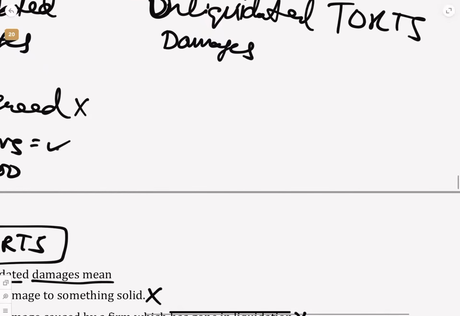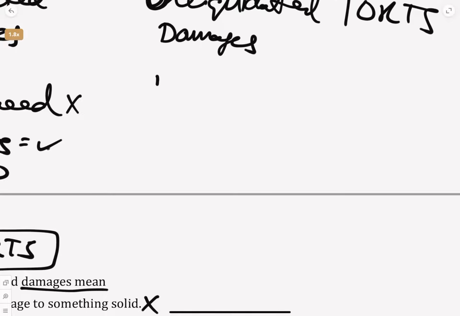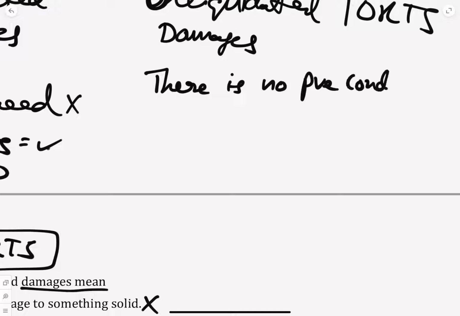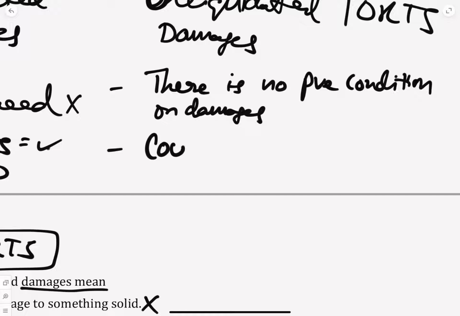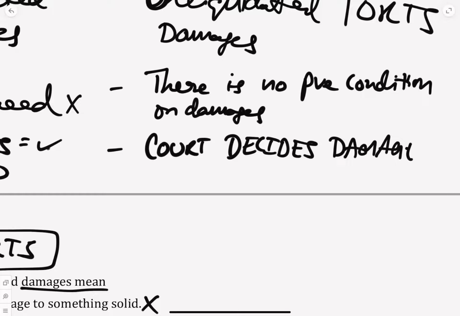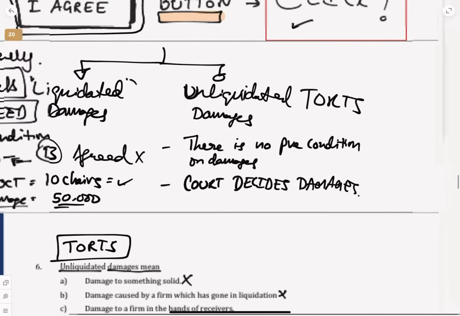But in unliquidated damages, there is no precondition on damages. So how much damage should be given? Court decides. Court means judge. Court decides damages in unliquidated damages.